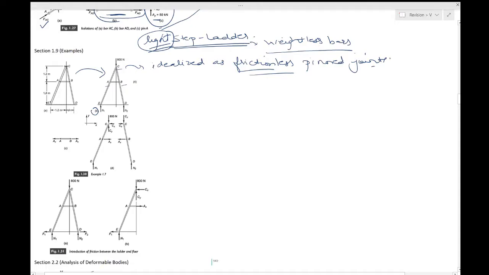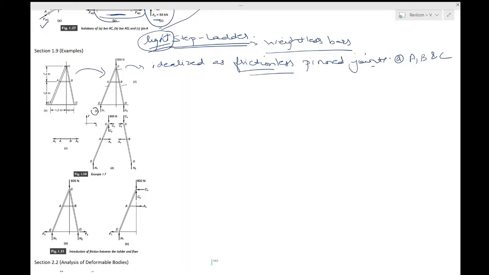Now if you look at table 1.2, column C, you will see what the forces are for a frictionless pinned joint. Now let's see the interactions, idealized frictionless pin joints at A, B and C. The interactions between the legs and the floor, which in practice can have a large variation in friction, have been taken as frictionless.